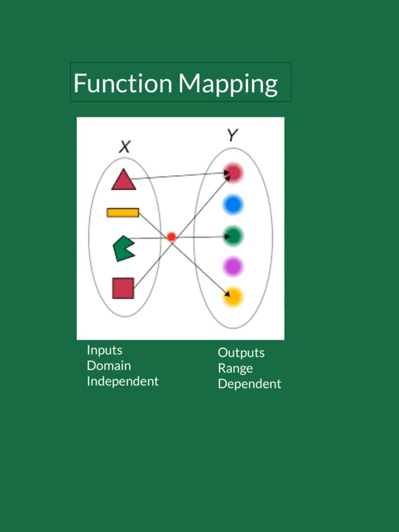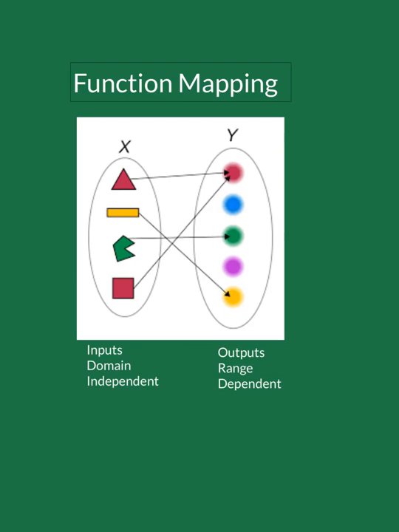The green only goes to the green. And this red only goes to the red. So everything in this oval goes to exactly one place in this oval.